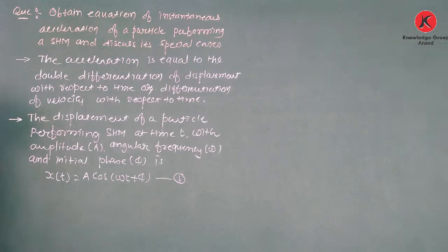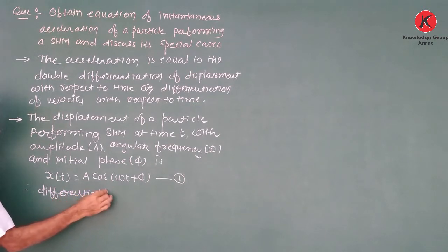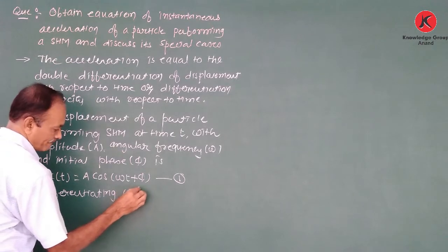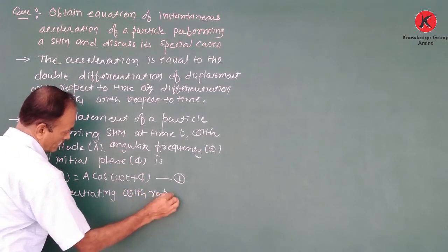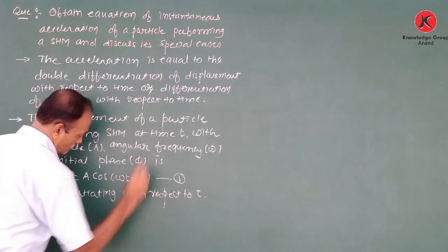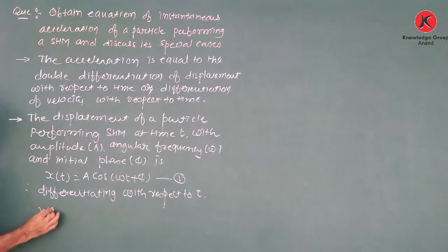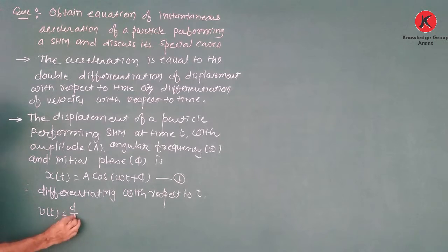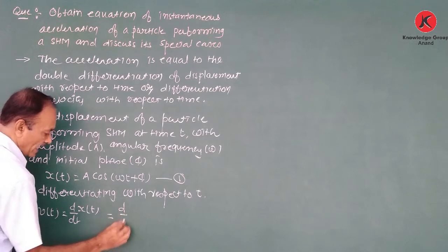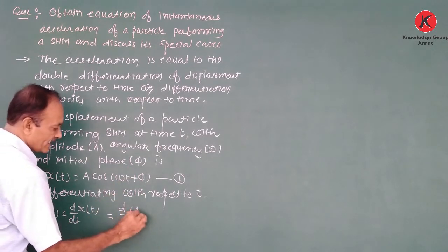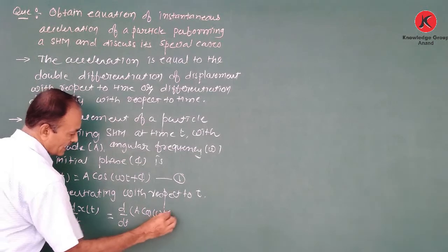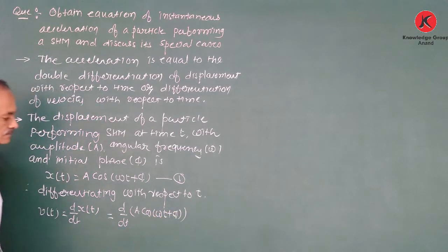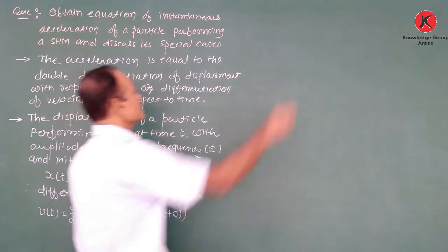First we obtain the velocity, therefore differentiating with respect to time. So we obtain the instantaneous velocity v(t) is equal to d by dt of x(t), is equal to d by dt of a cos(omega t plus phi). Here a is a constant, taken out of this derivative.